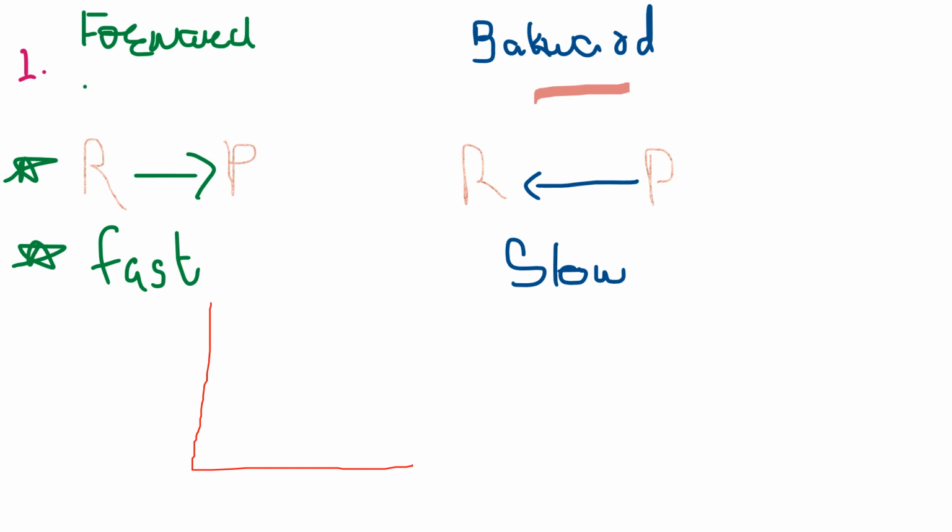For instance, this is the reactant and this is the product. So at the initial point, the reactants are at the highest peak. Why? Because before the start of the reaction, we have only the reactants, not any product.